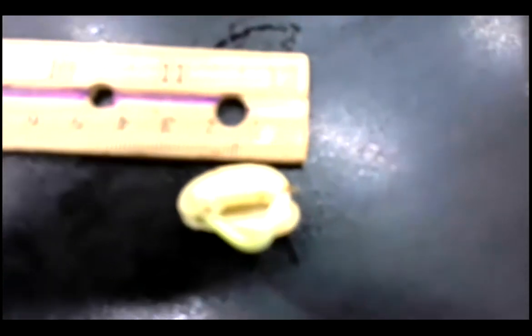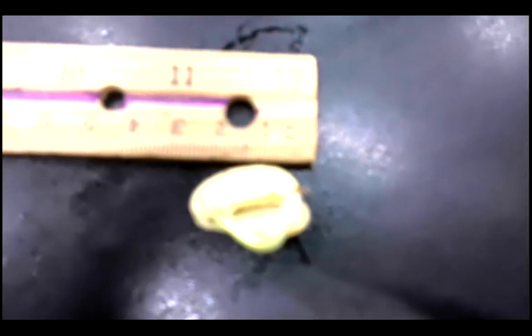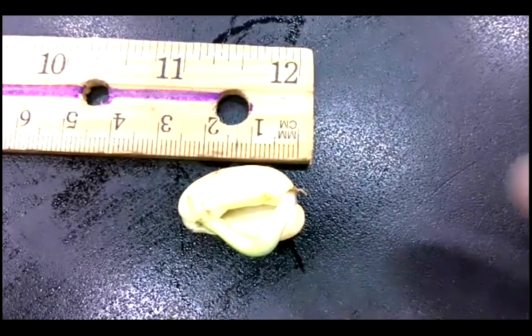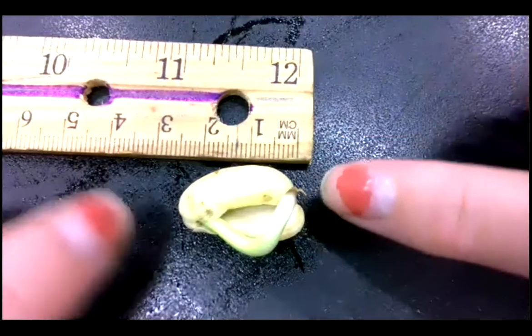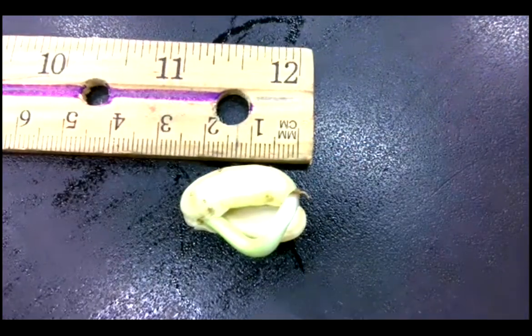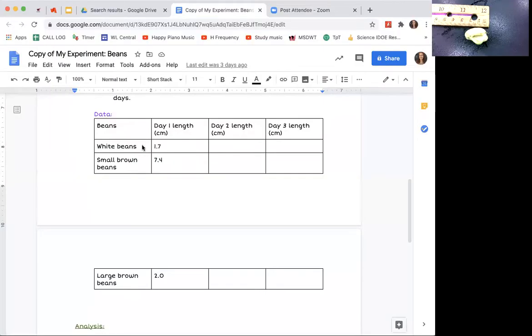Maybe coming closer will help. Okay, that's perfect. So right here to right here, it's gonna be about 2 centimeters. So we're gonna put that in our data table for the white bean day 2. So that's a little bit more than the last time. So now we're gonna put 2.0.